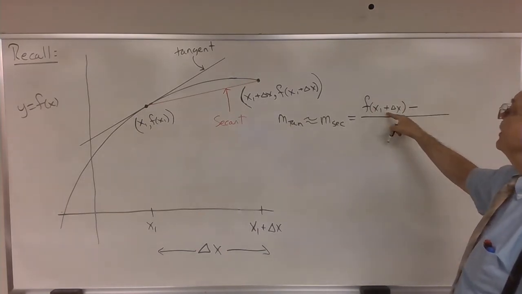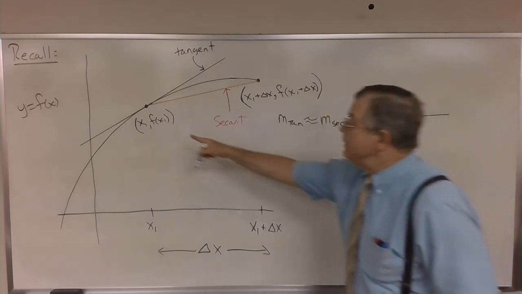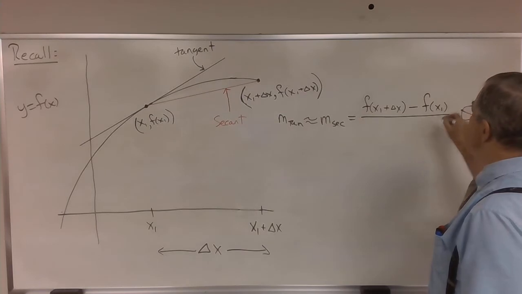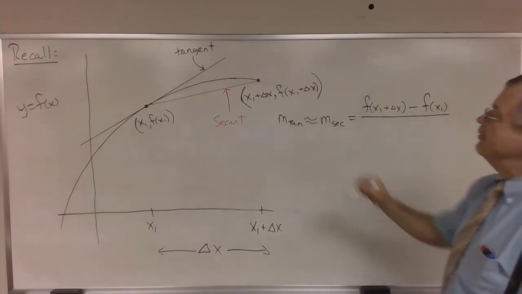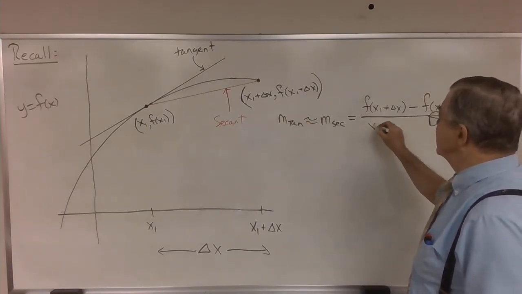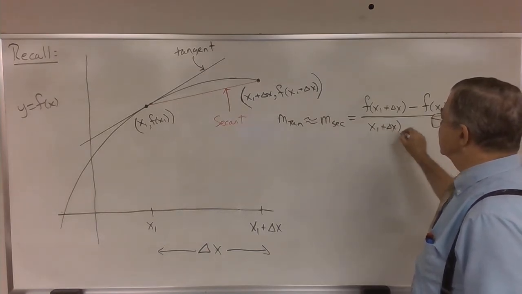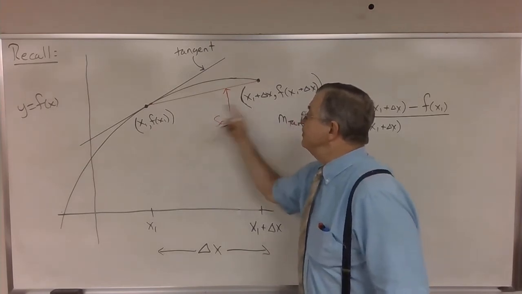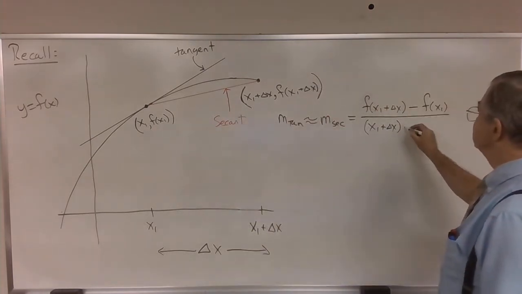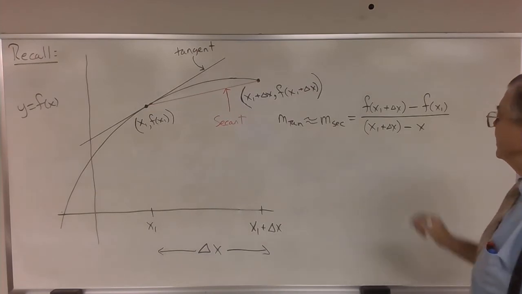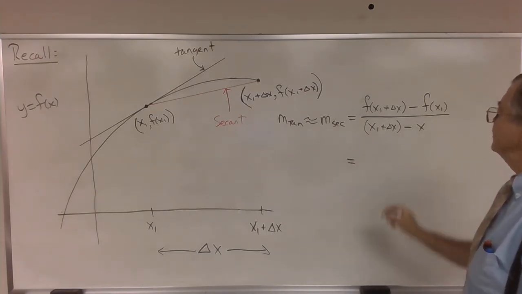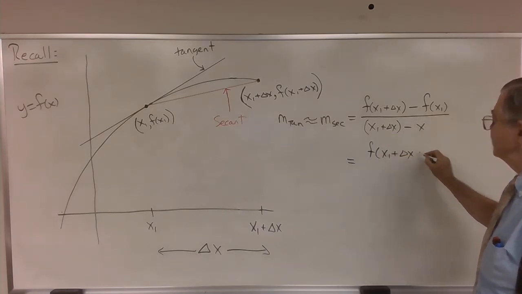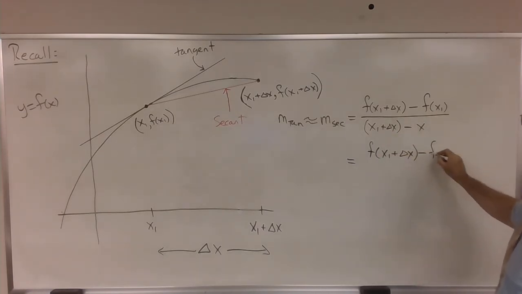There's our y2 minus y1, f of x sub 1, all over x2, x sub 1 plus delta x, minus x1, which is x sub 1. And that's equal to f of x sub 1 plus delta x minus f of x sub 1.